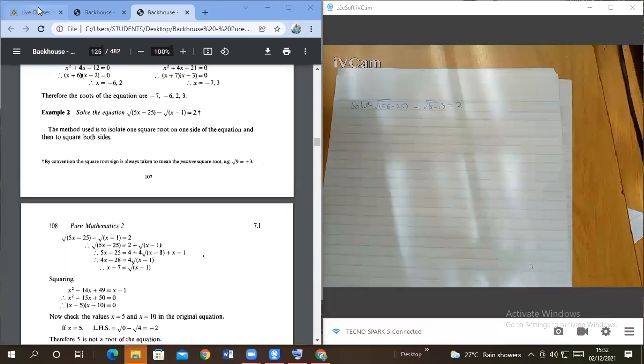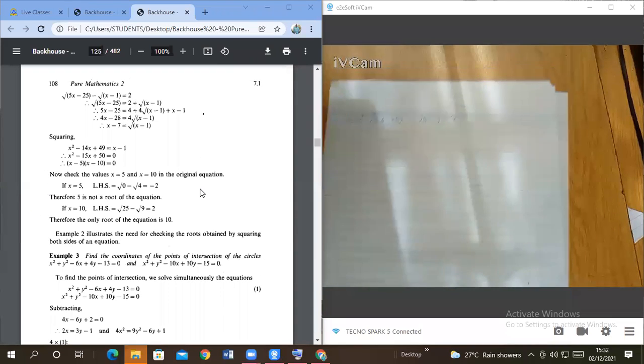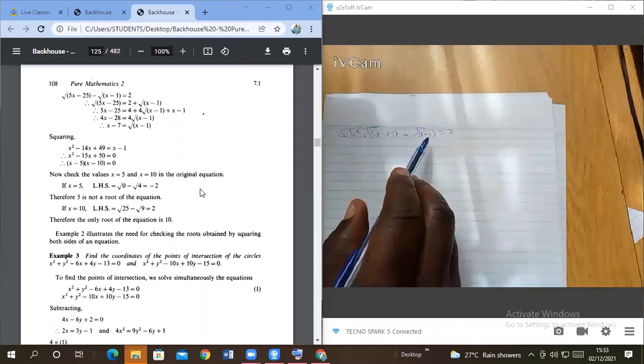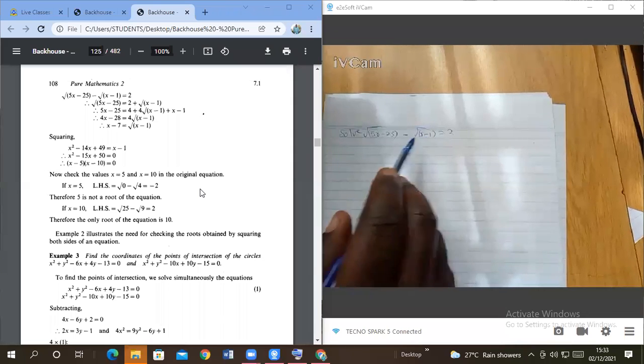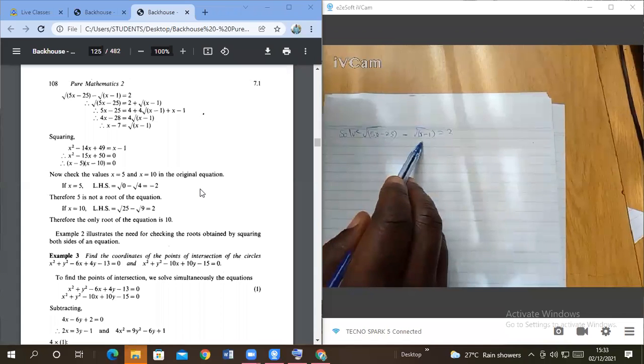Now, we are dealing with equations that reduce to quadratics. I remember we tried doing something similar to this in class, isn't it?